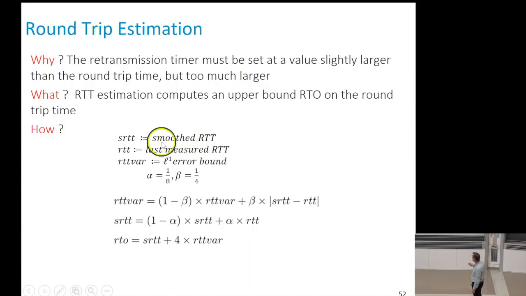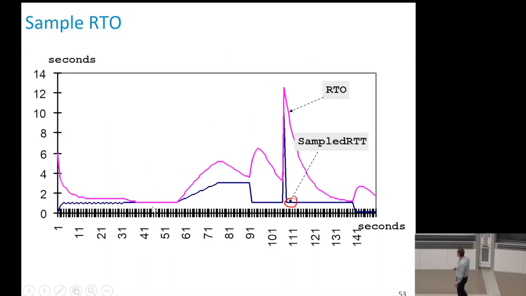So you have raw measurements of the round-trip time, and then you put what is called here a weighted moving average filter. From this raw measurement, you decide on a smooth measurement, which is given by those formulas here. Those formulas have the effect of putting an error bound that accounts for the variability of the round-trip time.